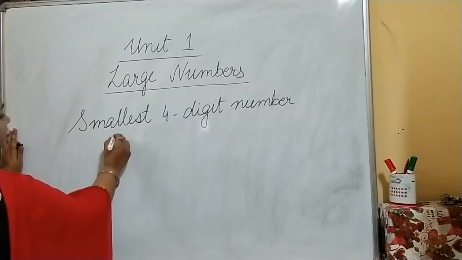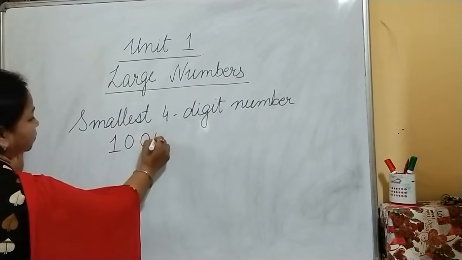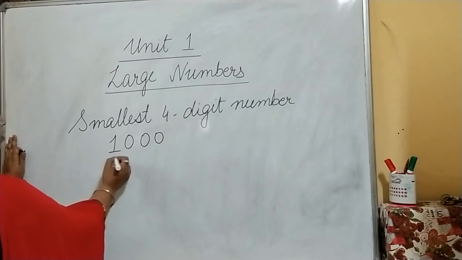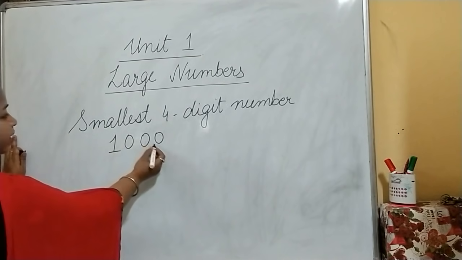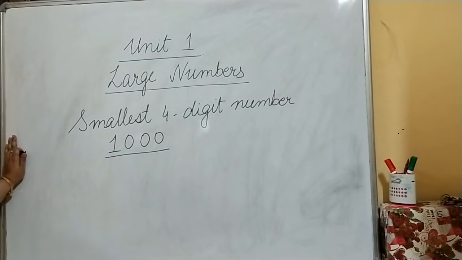Okay, the answer is 1000, isn't it? 1 followed by 4 zeros. Sorry, 1 followed by 3 zeros. Since we are doing 4-digit numbers, 1 followed by 3 zeros. So this is the smallest 4-digit number, 1000.